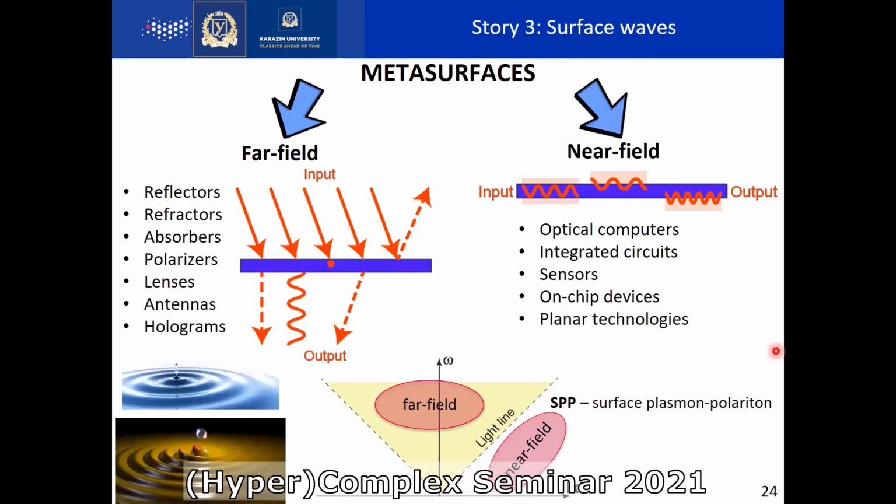And one of the best carriers of this localized light is the surface plasmon polariton, which is a hybrid state of light and matter, and it could be understood as just a surface electromagnetic wave, which is the direct analog of the water waves excited after a stone is dropped into the water.